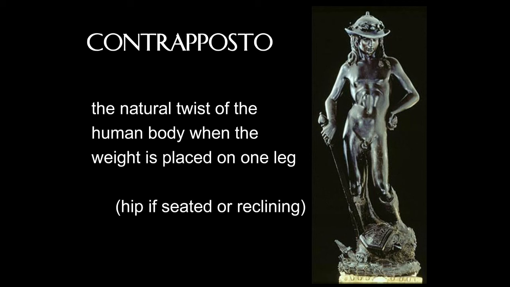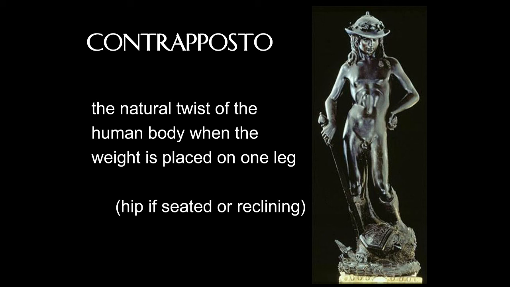And the hip on the other side, where you have the flexed leg, is lowered. The shoulder on the weight-bearing side goes down a little bit. The shoulder on the other side is raised. And of course, the body can turn naturally in different ways.